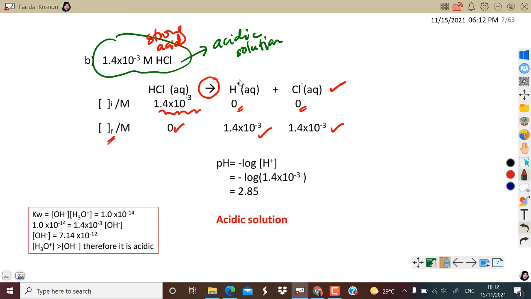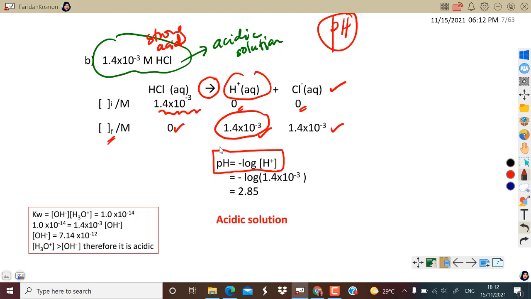Daripada table ini, kita sudah ada concentration H plus. Jadi, saya dah bagi clue tadi, kita kira pH of the solution. Macam mana nak kira pH? Inilah formulanya. pH equals to negative log H plus. Ataupun mungkin ada guna water dalam equation tu, kita boleh guna pH equals to negative log concentration of hydronium ion.